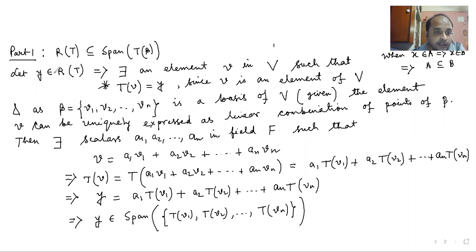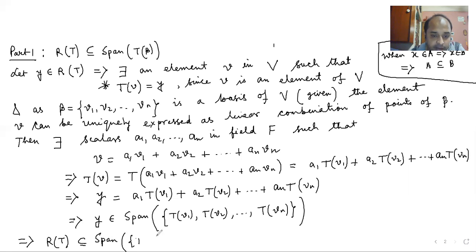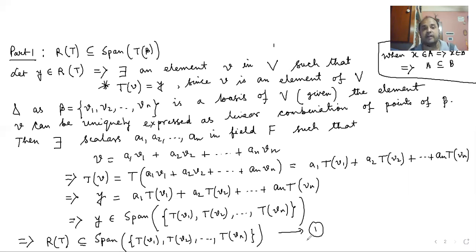We started with this point which belonged to RT, and we have come to this point where Y belongs to the span of this. So by applying this result, I can say that RT is a subset of span of T of v1, T of v2, dot dot dot T of vn. So RT is this.